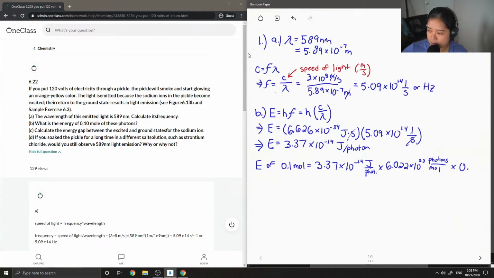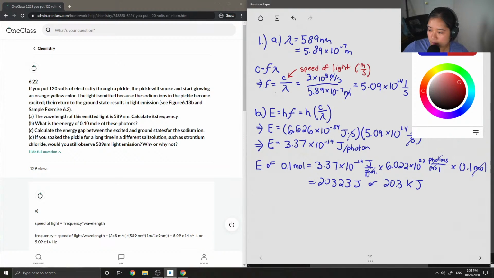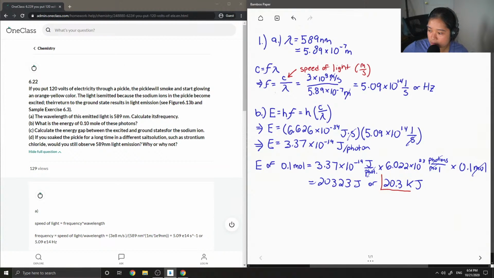And then I'm going to multiply by 0.1 moles. Then you notice the photons cancel out, and then the moles cancel out. And then you get 20,323 joules, or 20.3 kilojoules. And then this is the answer for part B.